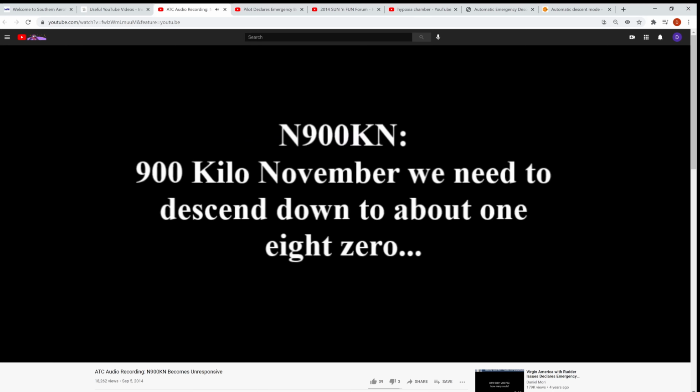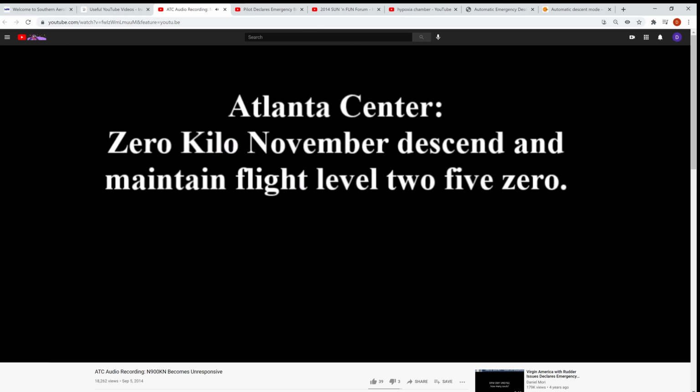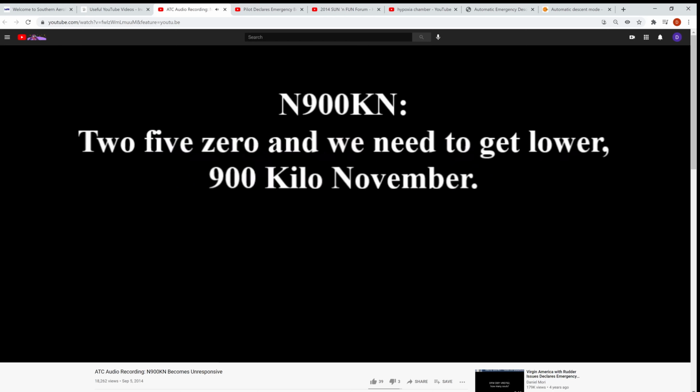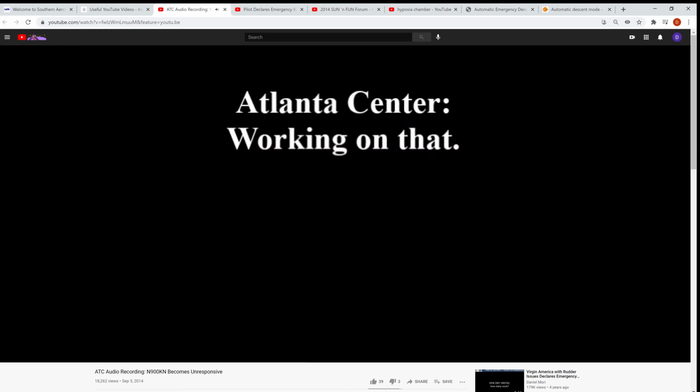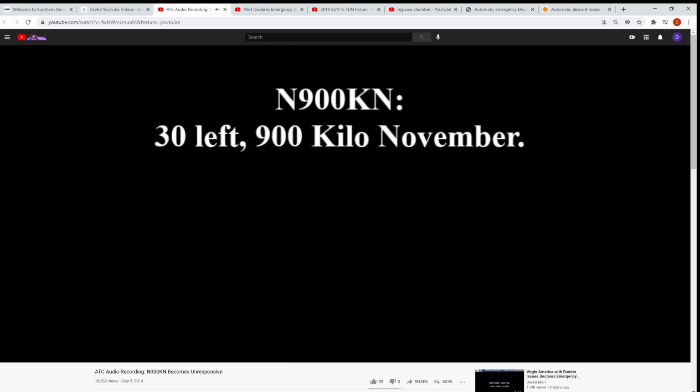November 900 Kilo November, we need to descend down to about 180. We have an indication it's not correct in the plane. Descend and maintain level 250. 250, we need to get lower, 900 Kilo November. Working on that, and have to get down, 30 degrees left, have to get down. 30 left, 900 Kilo November.